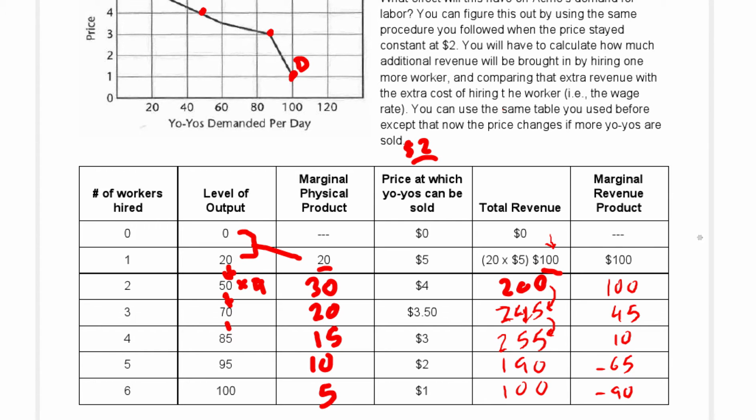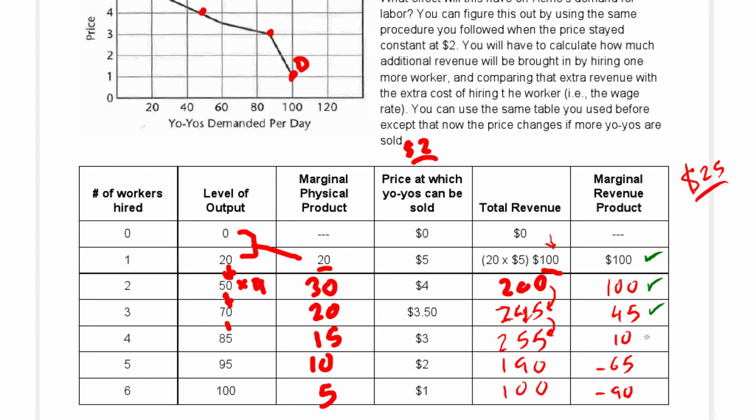So if we're again going to pay our workers $25, same situation as last time, I'm going to hire this person because they're getting me $100 worth, so I'll pay them 25. I'll hire a second person because they're also getting me $100. This person is getting me 45, not as good, but I only have to pay them 25, so that's great.